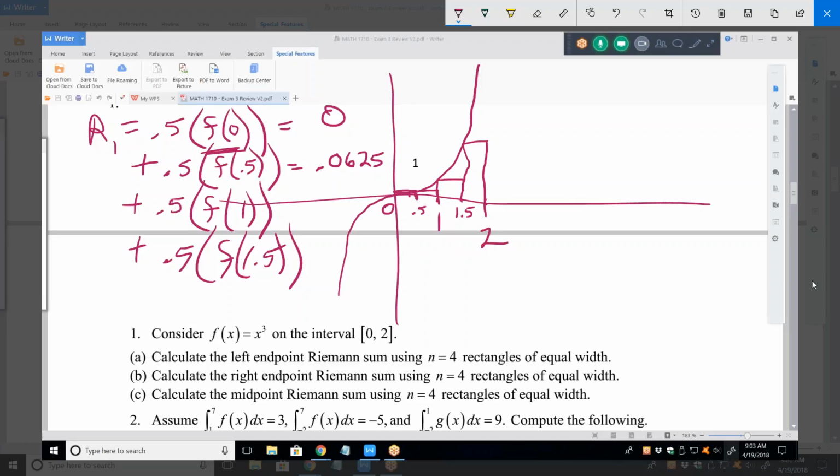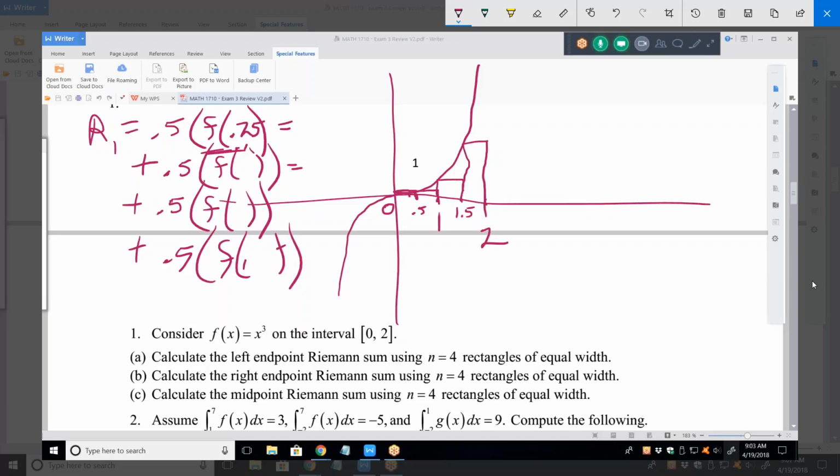So what changes with right hand? It gets rid of 0 and goes from f of 0.5 to f of 2. Correct. So how about midpoint? We don't need to do that, you know how to do right-hand endpoint. What's midpoint? It would be 0.25 to 1.75.